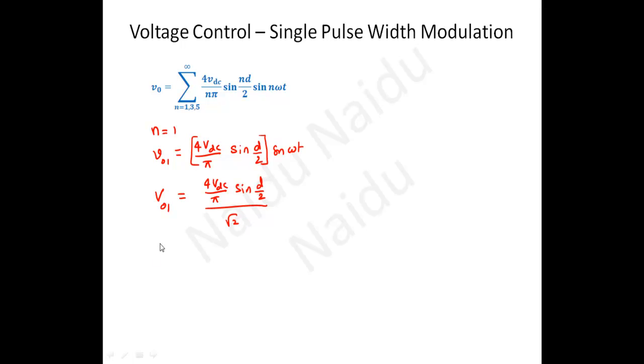Further simplification: this gets cancelled, 2 root 2 by pi is nothing but 0.9, which we discussed, so V01 equals 0.9 VDC into sine d by 2. This is the fundamental voltage RMS value. We already discussed the RMS value of the total waveform including harmonics, that is V naught RMS. Once you know that, we can calculate distortion factor, percentage THD, etc. For that we need this fundamental voltage.